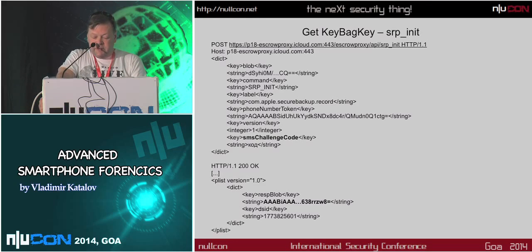Then in the next step, we send the SRP init command to get the keyback key. This is the key to decrypt the keyback, which we retrieved on the previous step. And as you can see, if the SMS challenge response is enabled, you will also have to provide the server with the response we received on the trusted device.